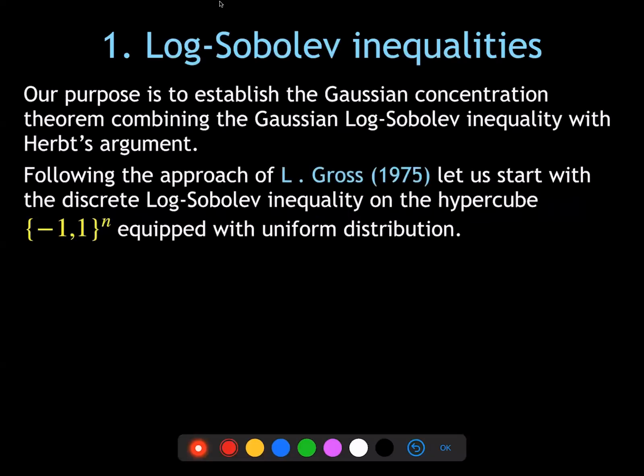Historically speaking, the first result which has this flavor is to be found in the work of Leonard Gross in the 70s. Leonard Gross proved the Gaussian log-Sobolev inequality, starting from the discrete version on the hypercube. This is exactly the path that we shall follow. After that, we shall use these log-Sobolev inequalities to produce concentration inequalities. This is the way we shall work right now.